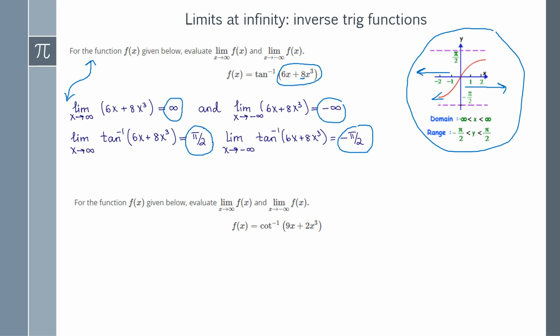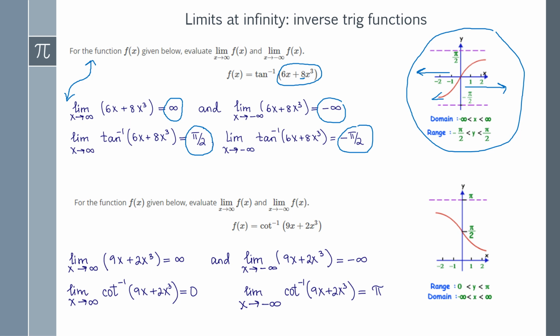Here we have f of x is equal to cotangent inverse of 9x plus 2x cubed. Okay, so you can already see that the argument of this function behaves exactly the same, right? So we have a cubic polynomial with a positive leading coefficient.